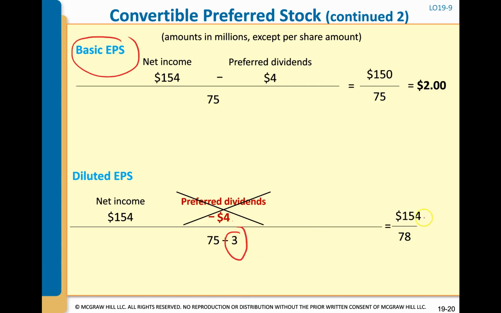And so now my new numerator is 154, my denominator is 78. So my new earnings per share is $1.97. And you compare it to the prior EPS, which in our case happens to be the basic. If it's still less than your $2, then you say, check, I'm going to include this in my diluted EPS calculation.